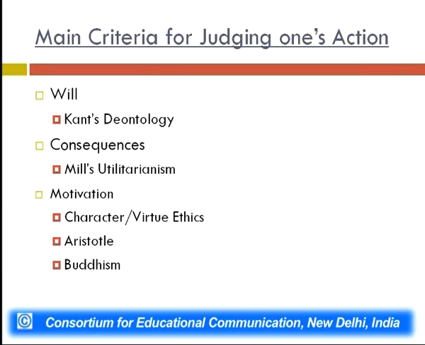First and foremost, we could have a look at how one could evaluate human action on the basis of the will. Among the foremost philosophers who presents a theory of evaluation of moral action on the basis of the will that propels one to a particular action is Kant.